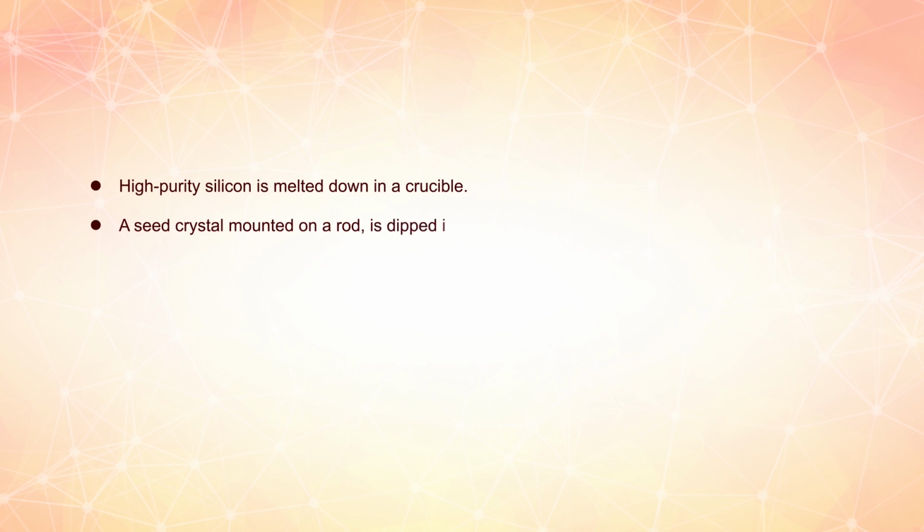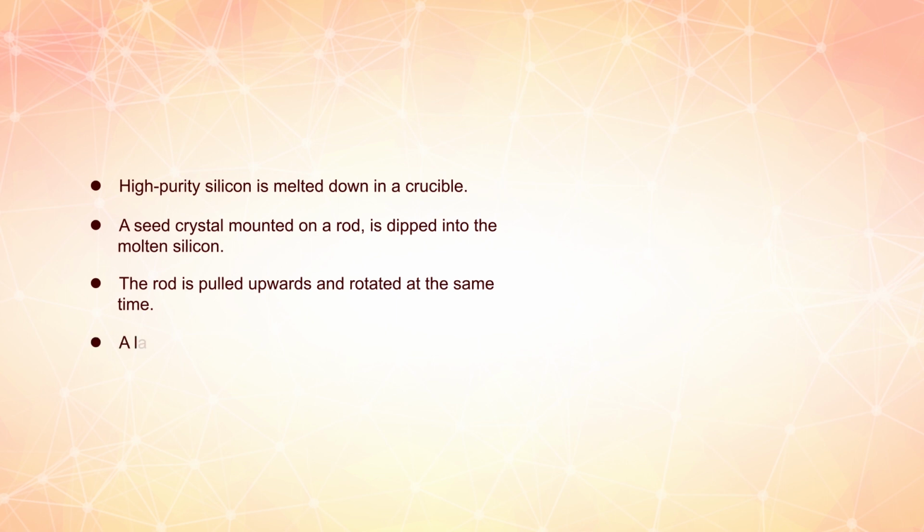High purity silicon is melted down in a crucible. After that, a seed crystal mounted on a rod is dipped into the molten silicon. After some time, the rod is pulled upwards and rotated at the same time. It is not only pulled upwards, but also rotated.